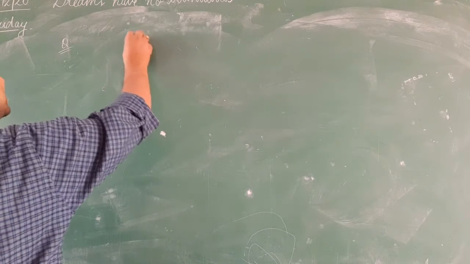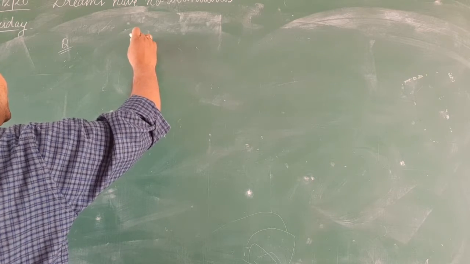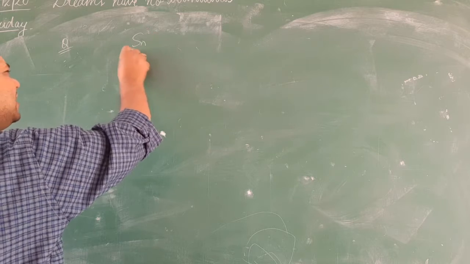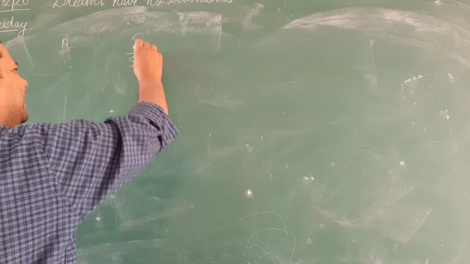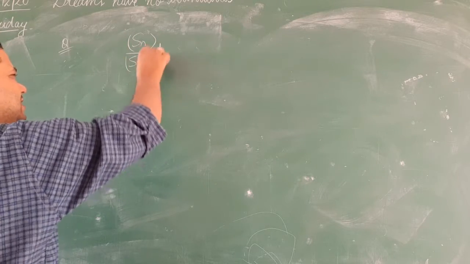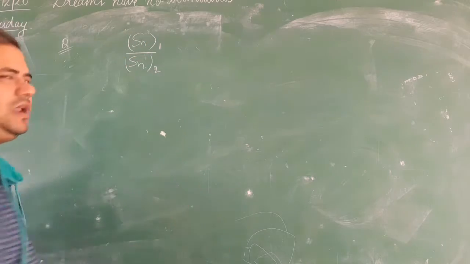Suppose the sum of the first n terms of the first AP is Sn1 and of the second AP is Sn2.